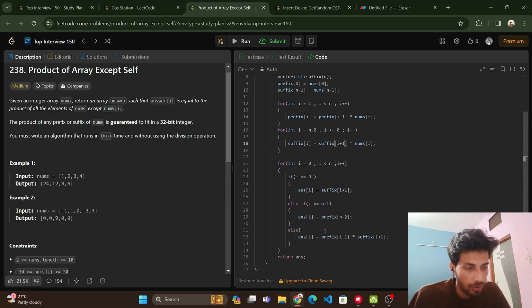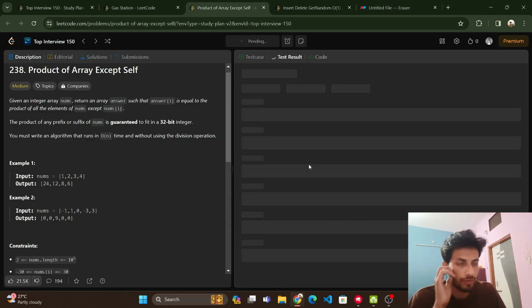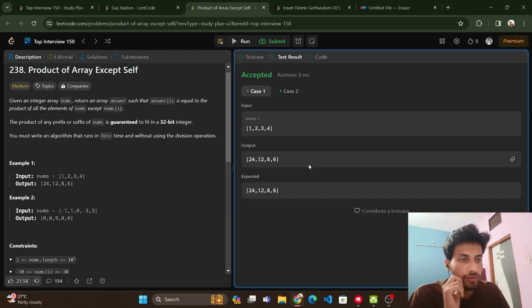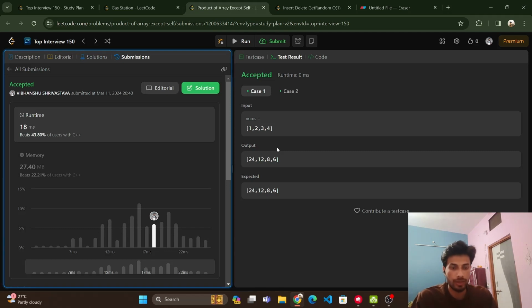And there is one more thing we can do: we know that this will become by itself, so we just write it like this only. Yeah, we will submit it. Yeah, it got submitted.